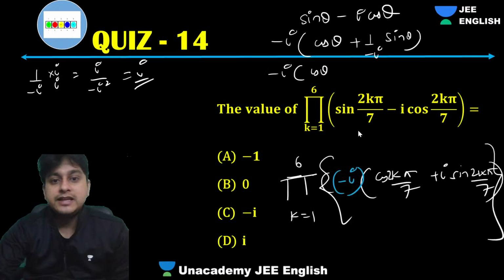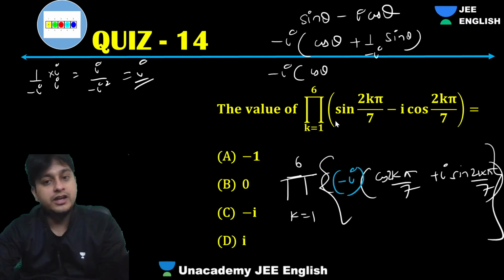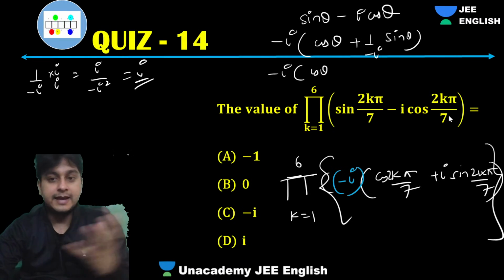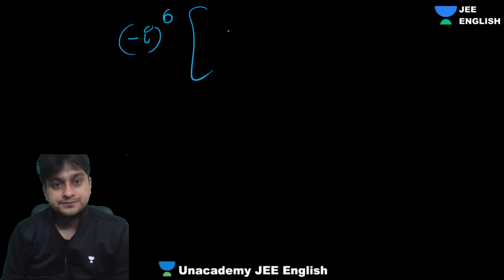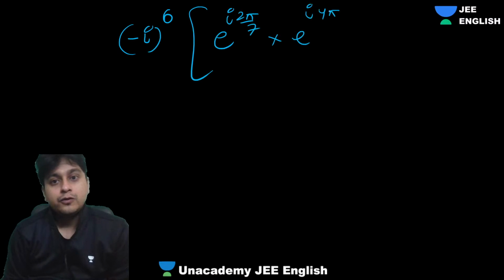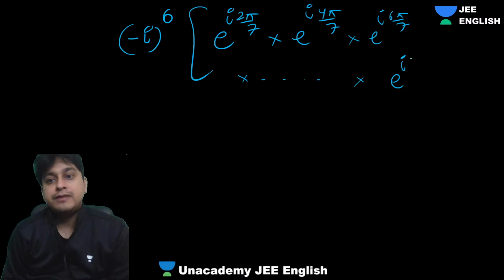Because minus i will be there in all the terms, k equal to 1, k equal to 2, k equal to 3, 6 times we are multiplying. And then it will be e^(i2π/7) into e^(i4π/7) into e^(i6π/7) and so on till e^(i12π/7).